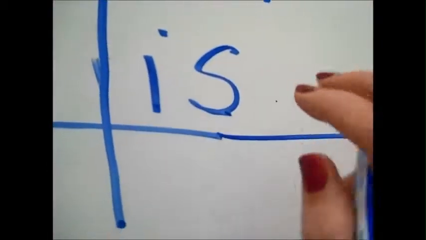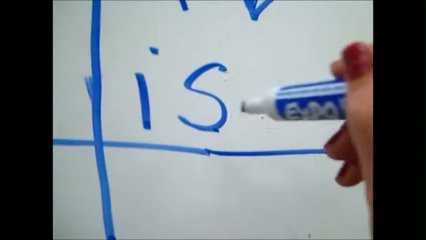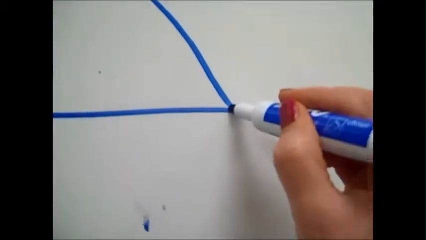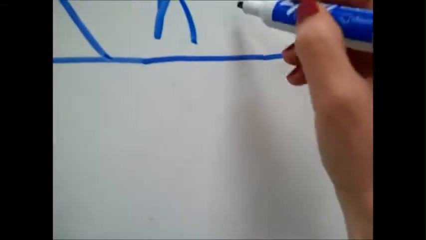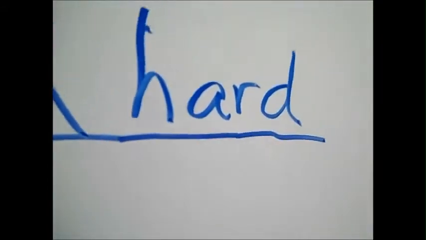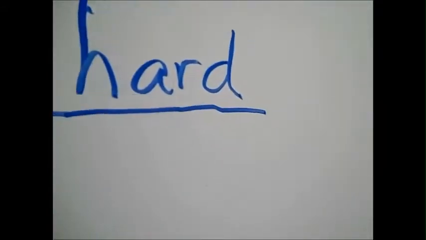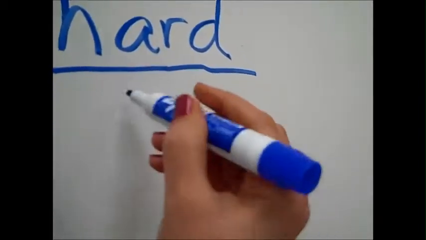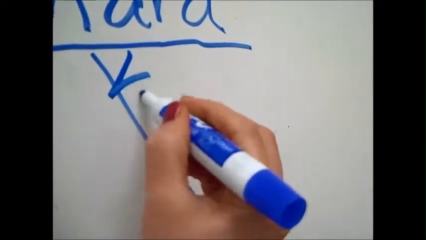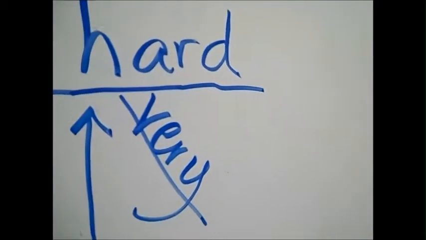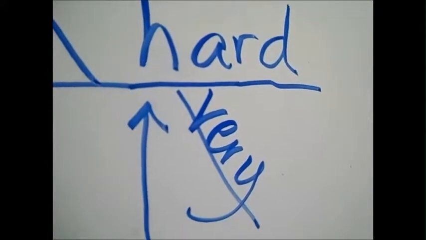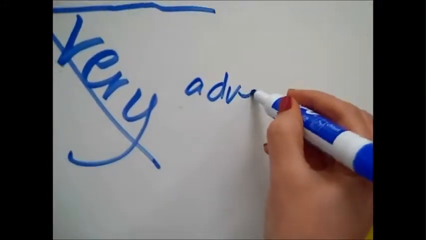The predicate part is the second part of the sentence and includes a verb or a verb phrase. Now, we do our slanted line to show predicate adjective. Assignment is hard. And they have very. Very is an adverb, and sometimes, as in this sentence, it's an adverb modifying this adjective, hard. This is an adverb.